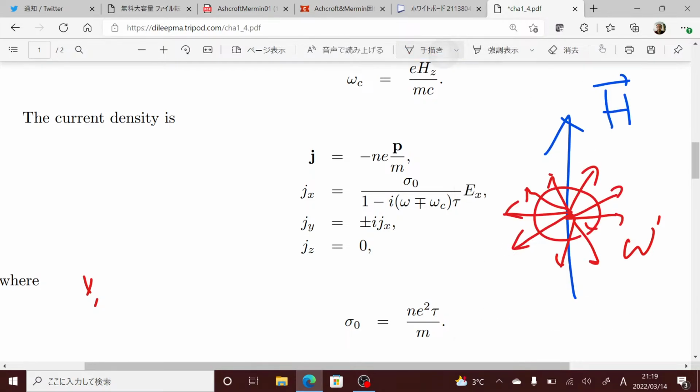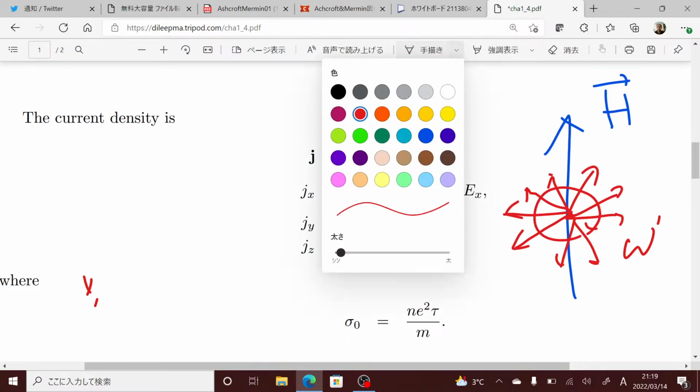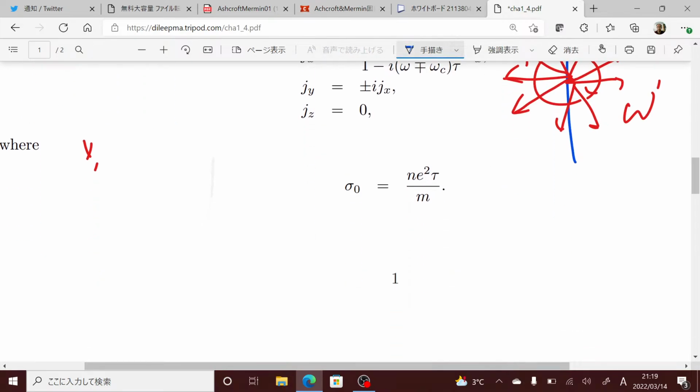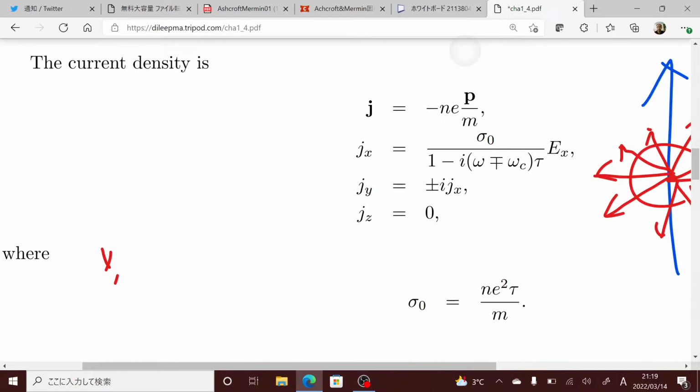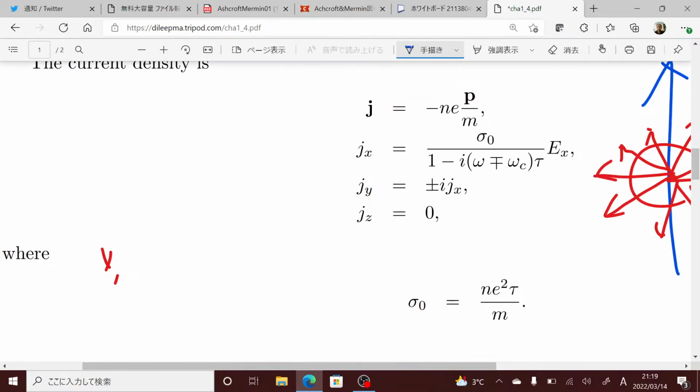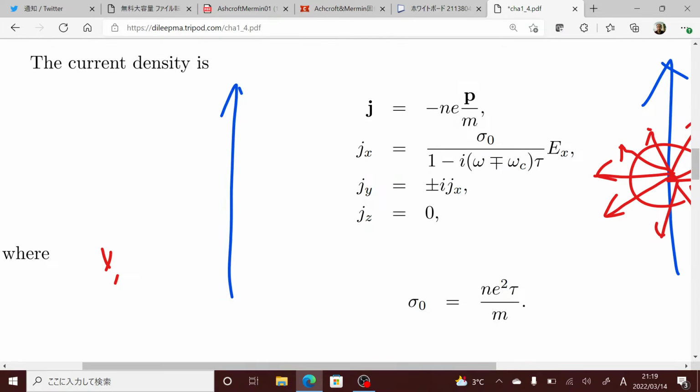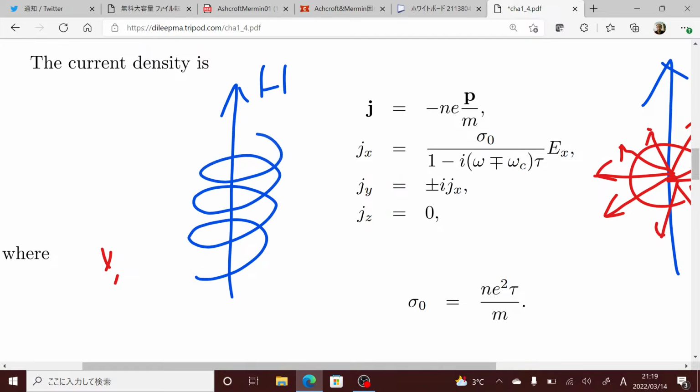See, if you have only H, the electron experiences some spiral motion like this. Then this angular frequency is omega c.